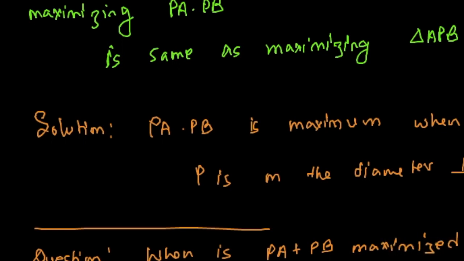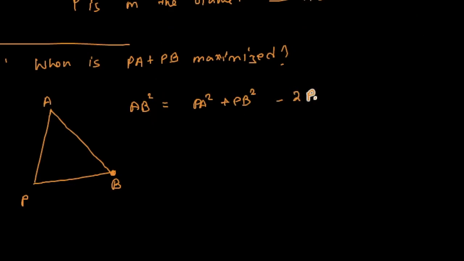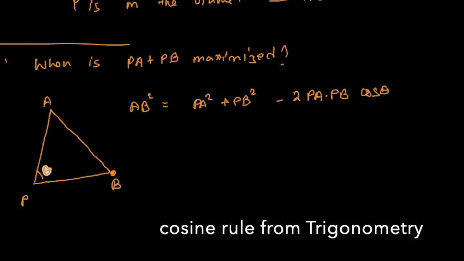So again, if you have a triangle, I'll just draw the triangle PAB, then we know that AB square is equal to PA square plus PB square minus 2 PA times PB times the cosine of theta. This is the theta.